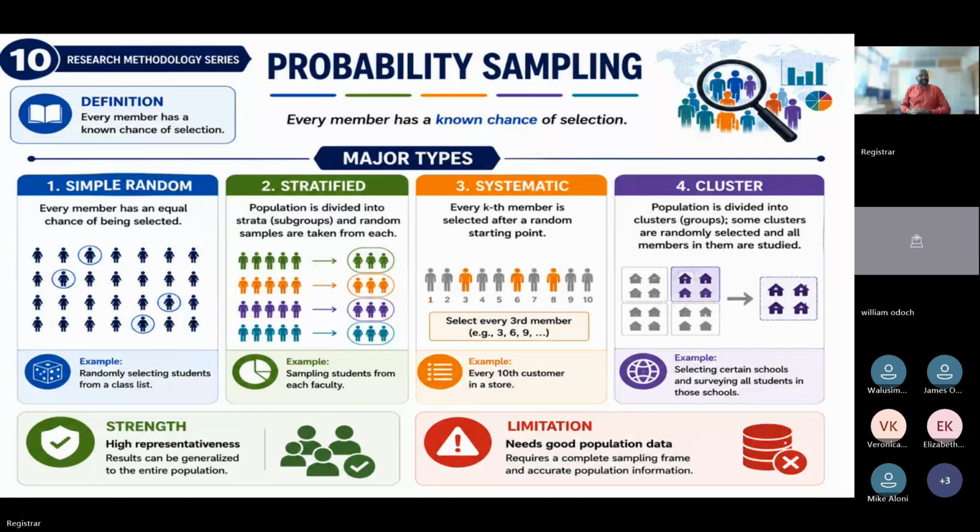Very simple. What is stratified? We divide the population into strata. It is not of your choice. There is a reason. If you are doing a study in the university, you can divide them based on the faculty each student belongs to. If you are doing a study among the farmers, you can stratify them based on the type of farms they do.